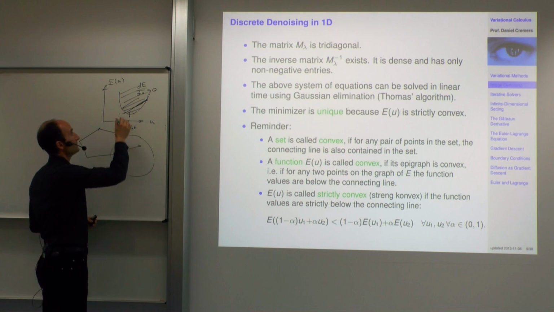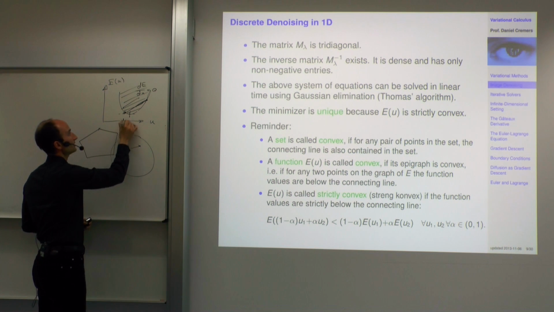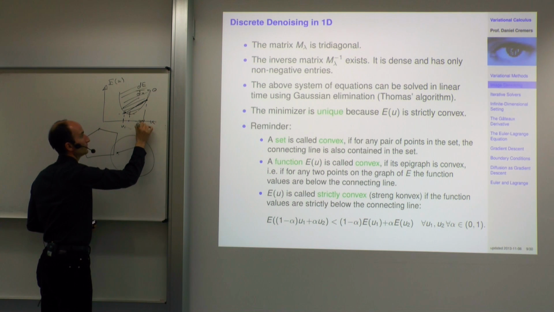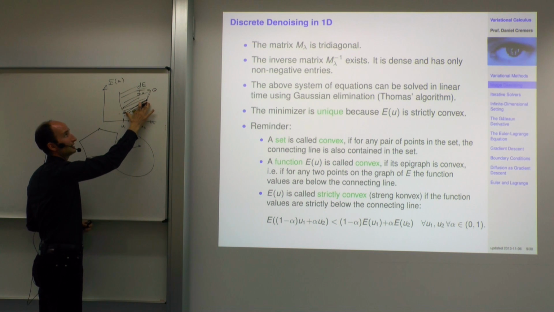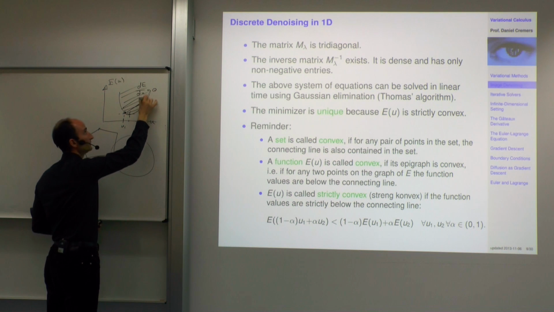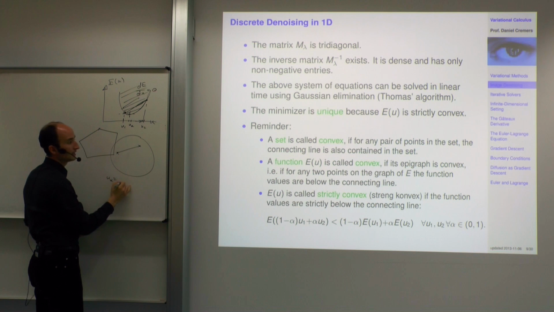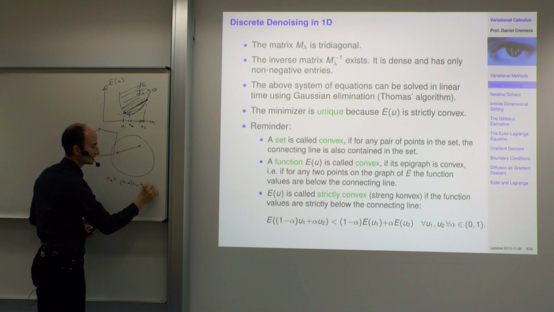And you can actually rewrite that. Let's look at that. If we consider this as U1 here, that point, and this point let's call it U2. Then the fact that the line is contained in the set, or that it's strictly above the curve, basically means that for any convex combination of U1 and U2, let's call it U alpha, U alpha is 1 minus alpha times U1 plus alpha times U2.